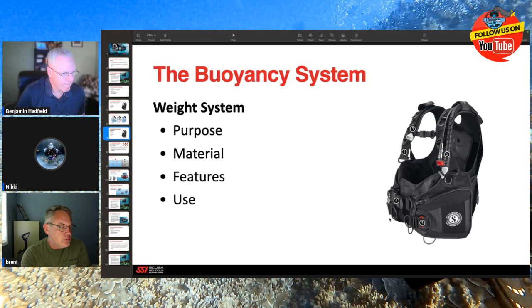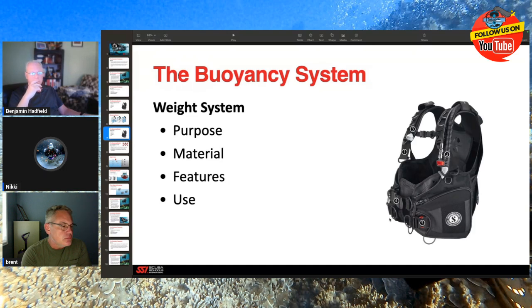I know Dan Orr likes to use a weight belt because of where it sits and the ease of being able to take it off and drop it if he needs to. So features that you want to look for as you consider buying your own buoyancy compensator include quick release weights. We want something that is really easy to pull out and to ditch.